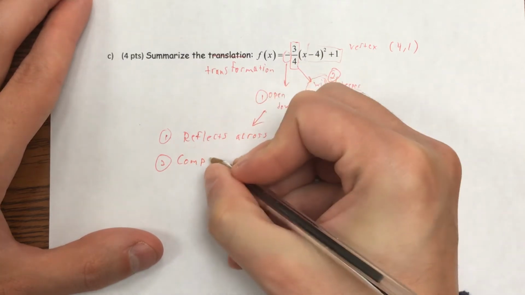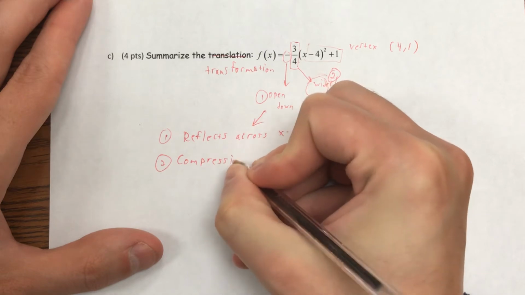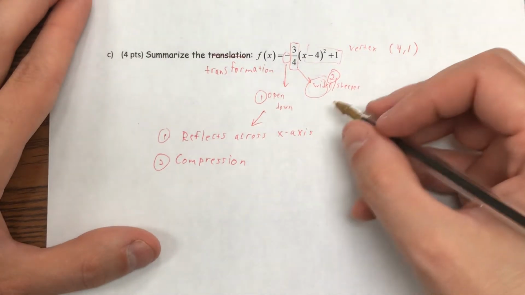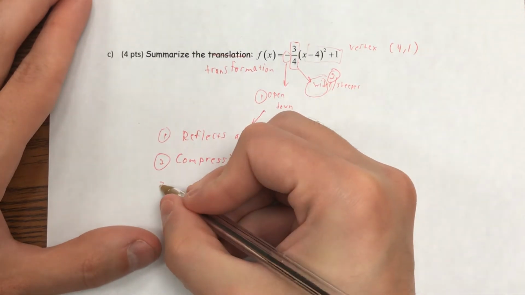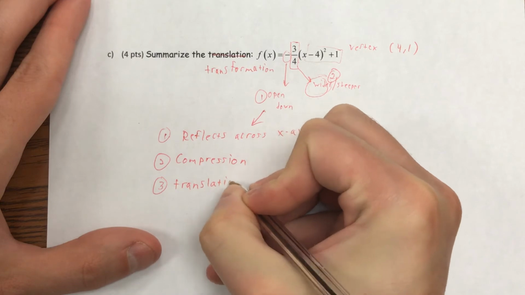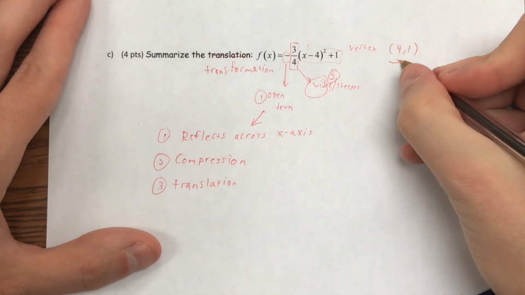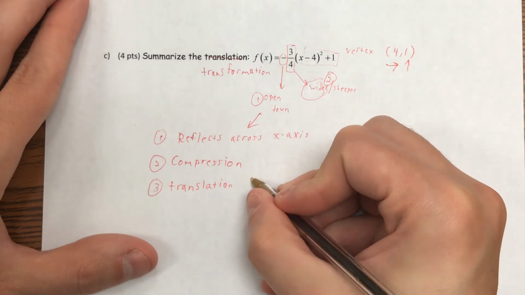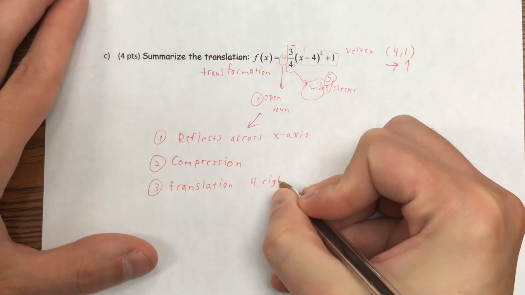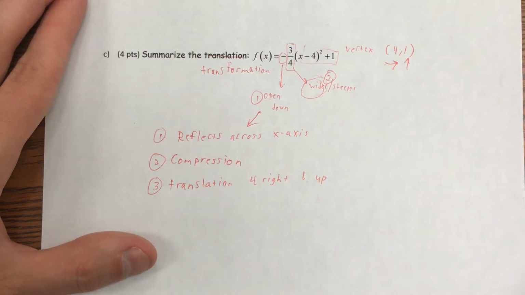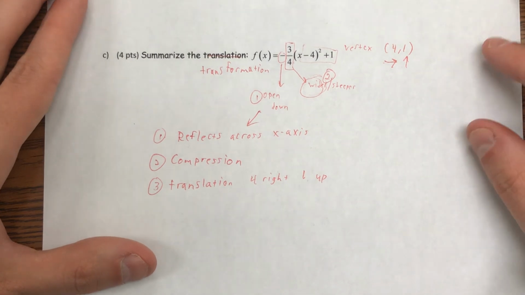You also hear it called a shrink, but this one's called a compression. Synonyms. Okay, so that's that one. And then the vertex, we call the translations. And that's just what directions it goes. Since this is 4, 1, you would go 4 to the right and 1 up. Right and up. And there you go. That's everything there is.